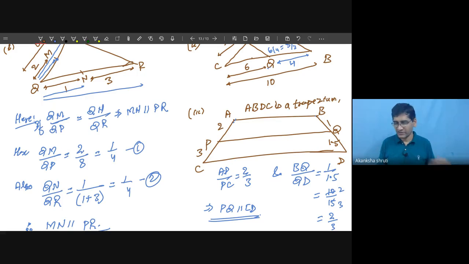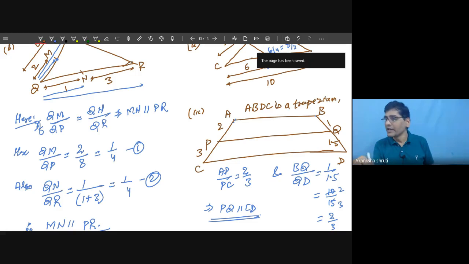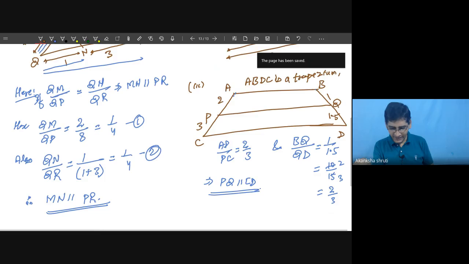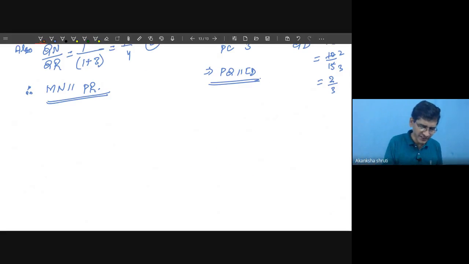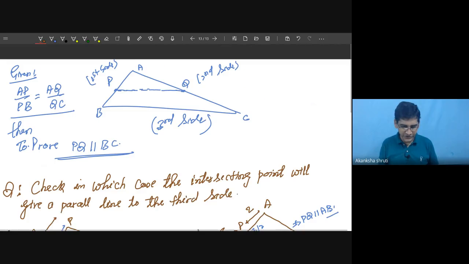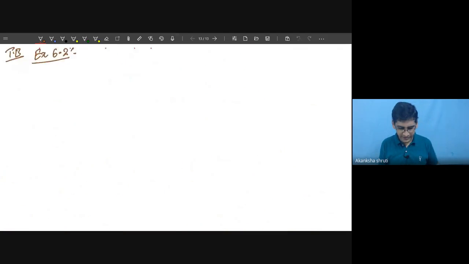So this PQ is parallel to CD and CD is also parallel to AB, means PQ is also parallel to AB. So all the three are parallel. So this way, by knowing the ratios, we can say whether it is parallel or not. And if it is parallel, then their ratios can also be calculated. Let me take that kind of question also. Or that kind of question is already in your book. Let me just copy it.